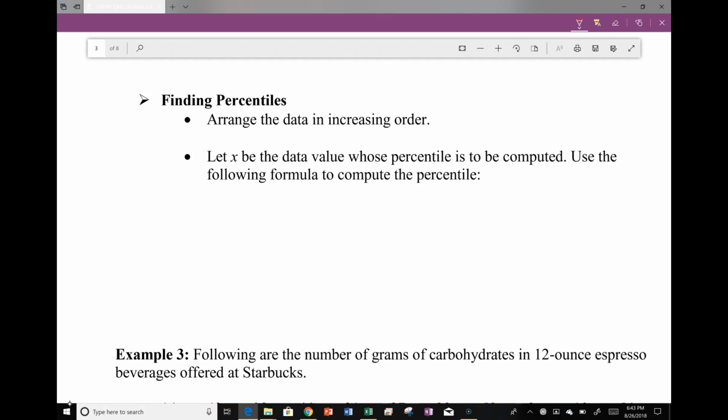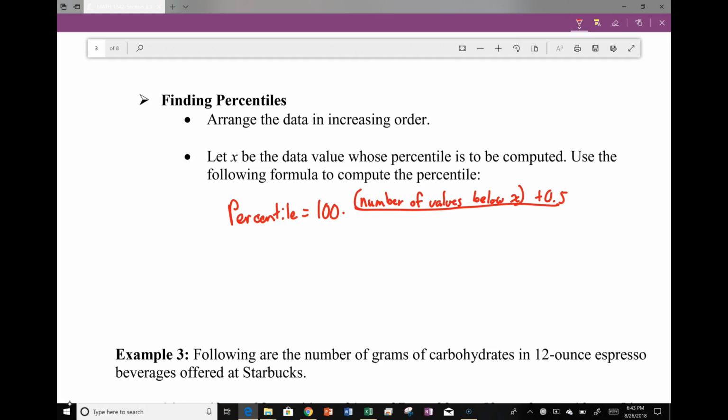We use the following formula: the percentile is 100 times a fraction. First we have the number of values below x. That does not include x, that's strictly below x. We always tack on that 0.5.